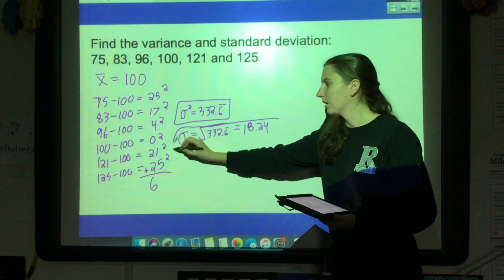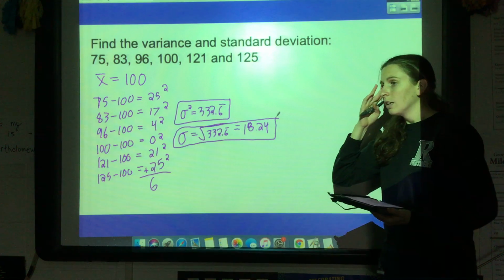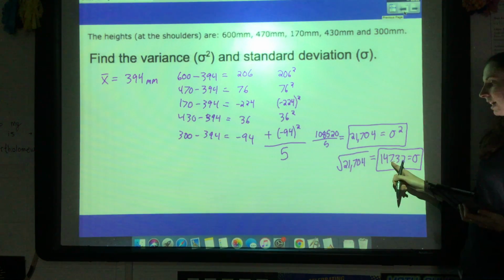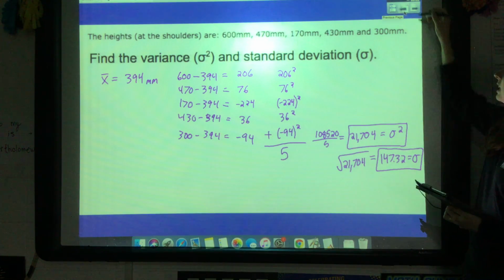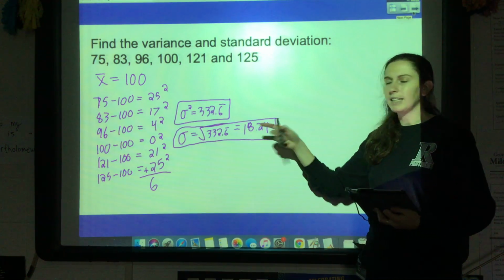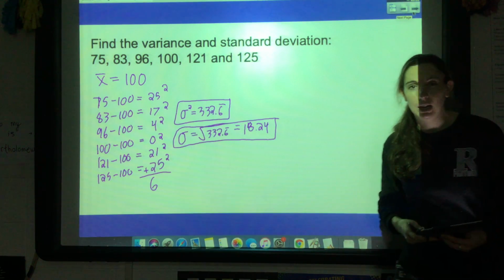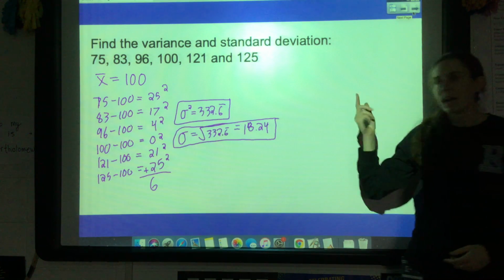So that's your standard deviation. Notice this one had a much higher standard deviation, 147, than this one did, 18. So this one is way closer together. It's much less spread out than the past problem we did.